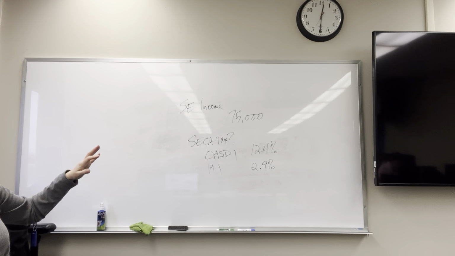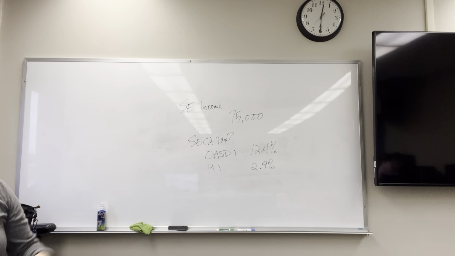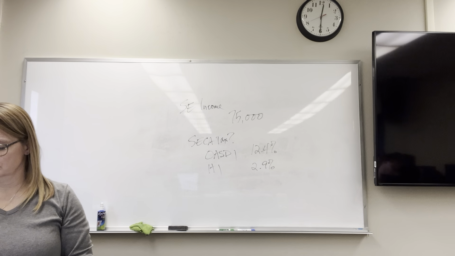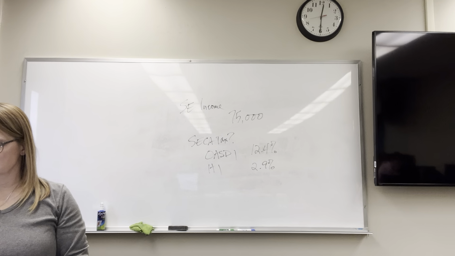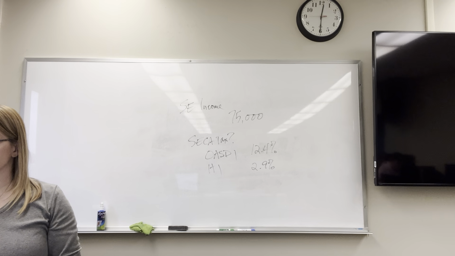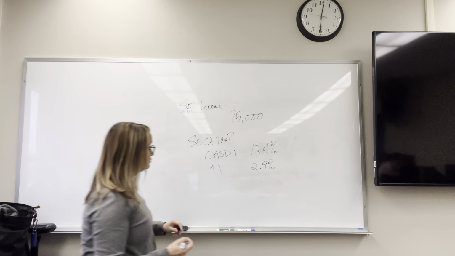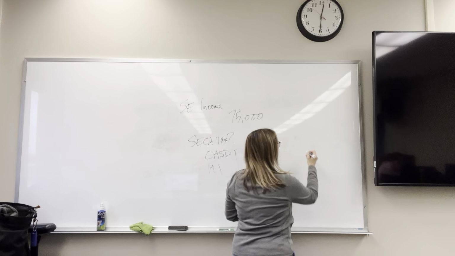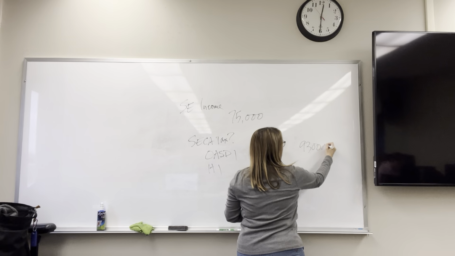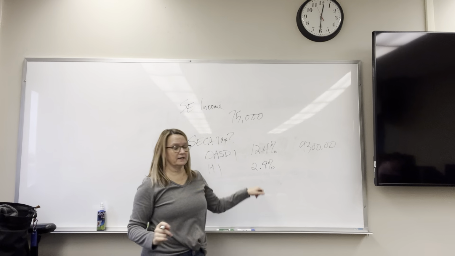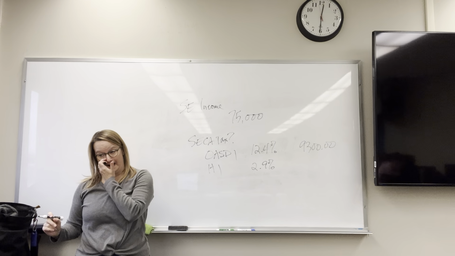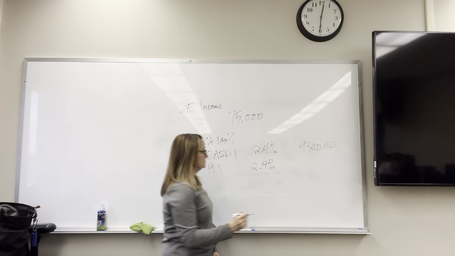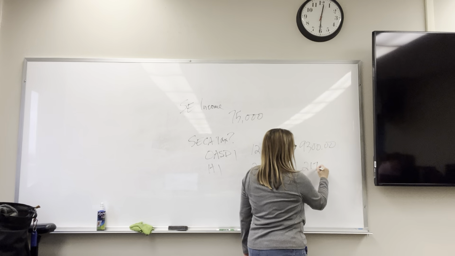Somebody do the calculation for me. For OASDI, you got how much? A little bit louder. 9,300. And for Medicare? 2,175.